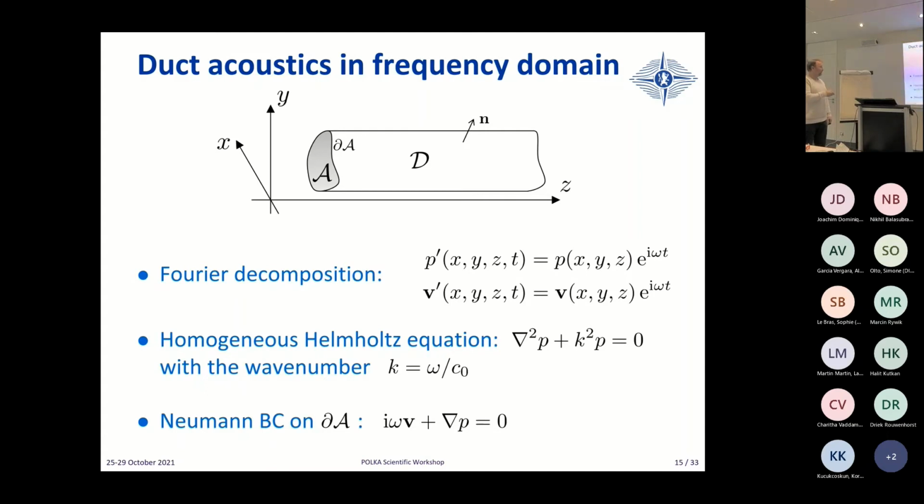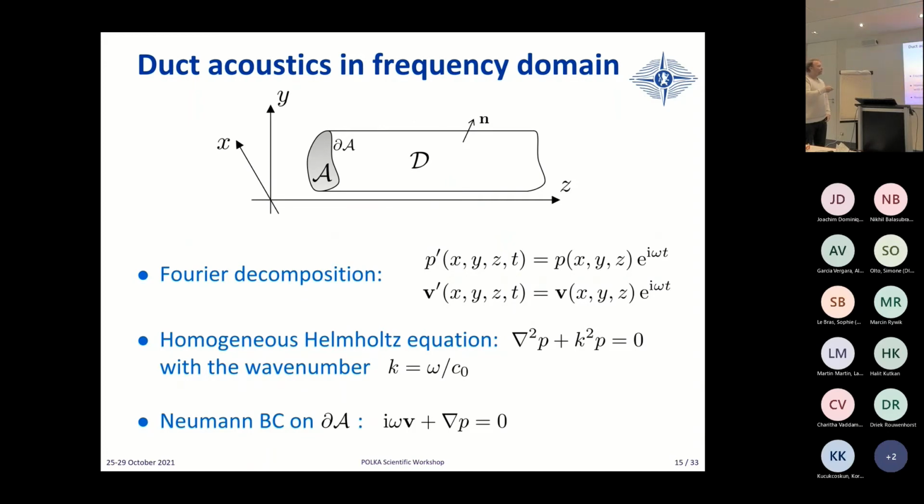Z is the direction in which the cross-section is not varying. And we work in the Fourier domain, so meaning we have this decomposition for the pressure, for the velocity. This leads us to the homogeneous Helmholtz equation with the wave number. There's no boundary condition a priori on this direction.